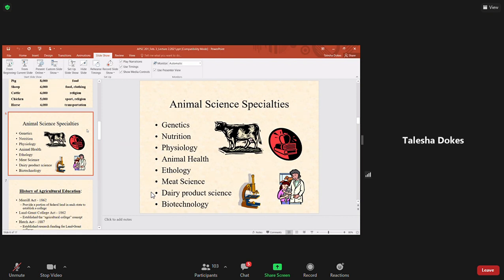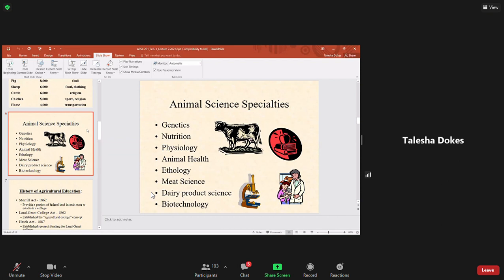Physiology is the study of physical and chemical processes of animals and any of the body systems and cells of the animal. Animal health: the study and practice of maintaining animals as near to a constant of health as possible and feasible.